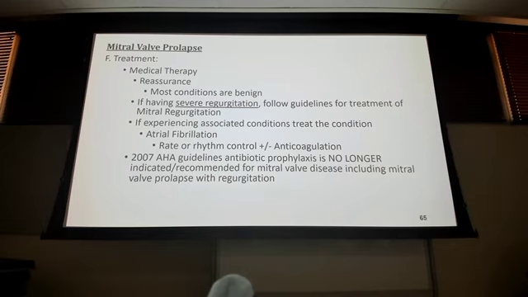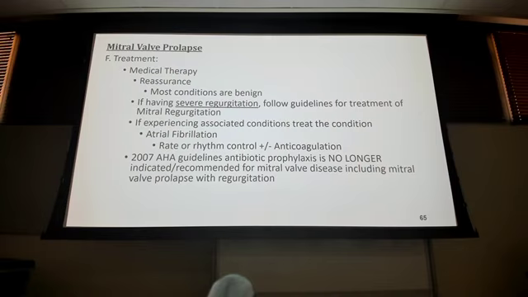But one other topic I wanted to highlight, because you may encounter this in your practice, is that prior to 2007, mitral valve prolapse was a criterion to give prophylactic antibiotics before high-risk dental procedures.